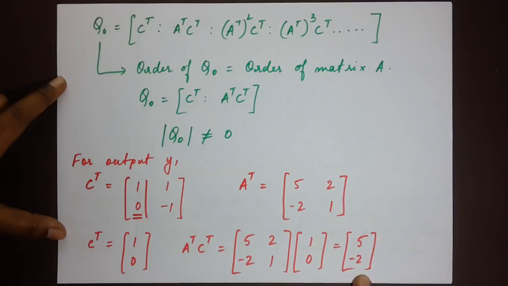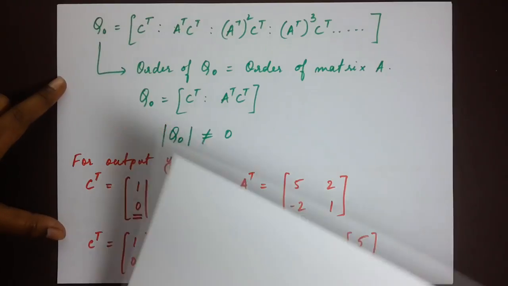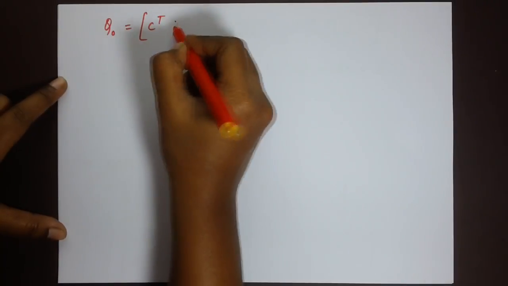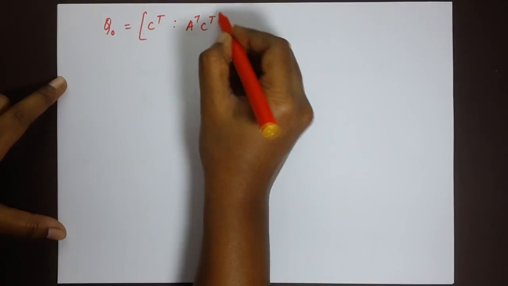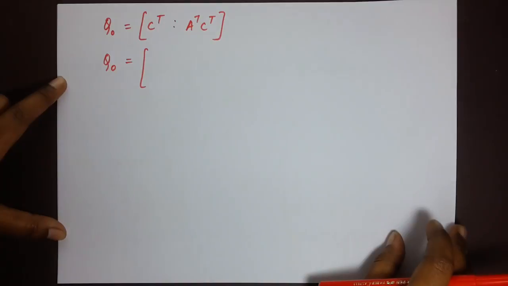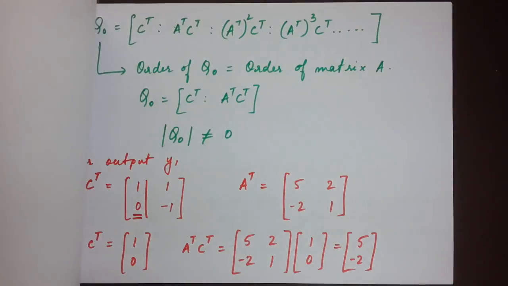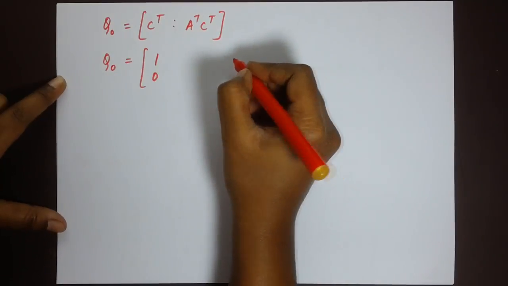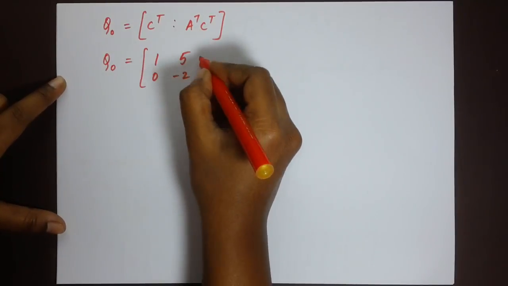The next step is to formulate our Q naught, which is C transpose and A transpose C transpose. C transpose is 1, 0 and A transpose C transpose is 5, minus 2.